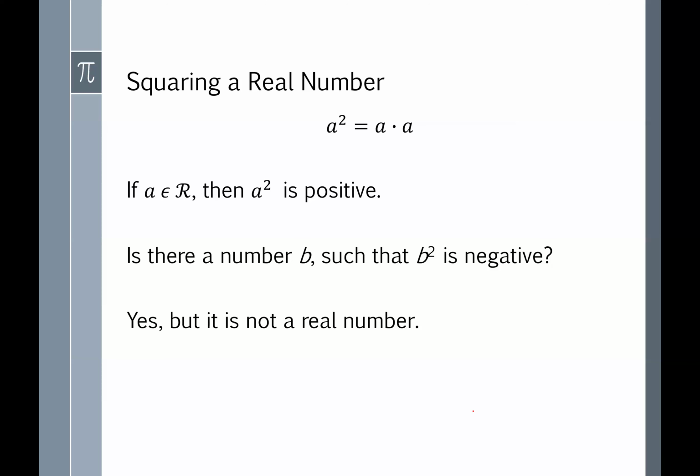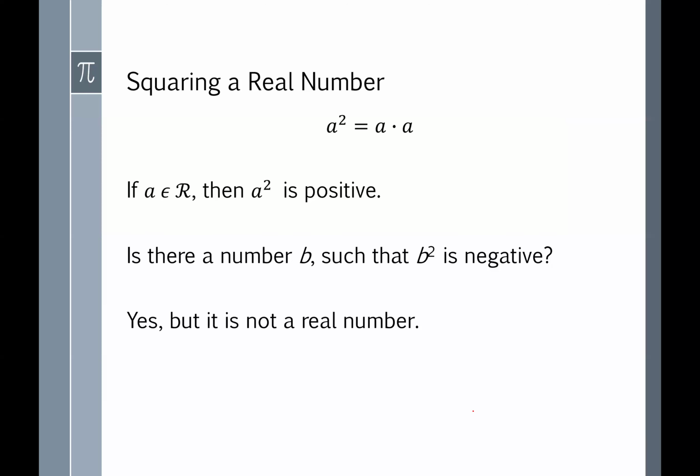The answer is yes, but it's not real. So what's the opposite of real? Not real. And what word do we use? Imaginary. Carl Friedrich Gauss, the guy that came up with this, that's why they named these numbers imaginary, because they weren't real.